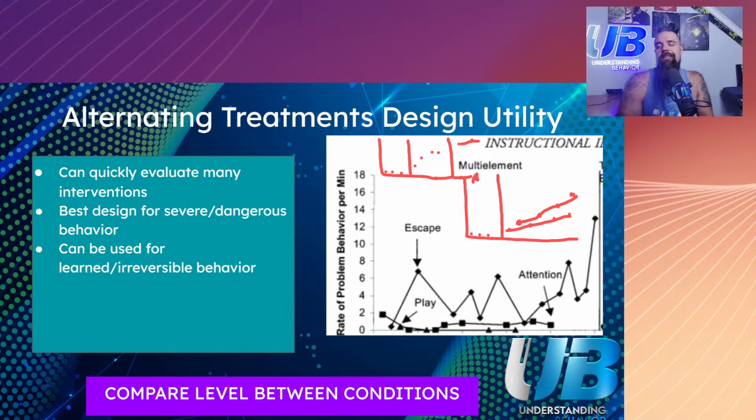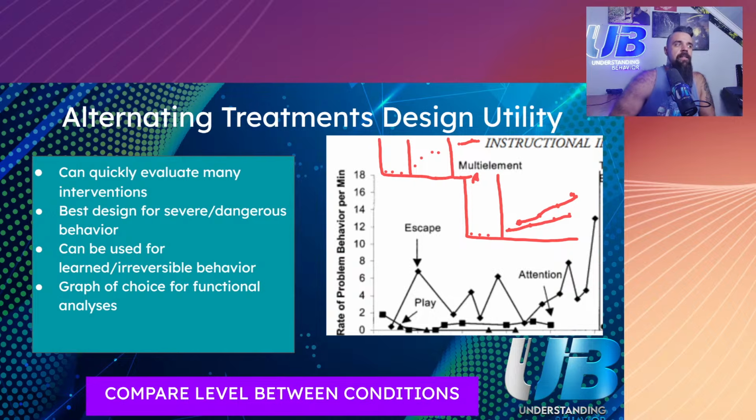We're not going to hit on that today. All right. Alternating treatments design. This is also the graph of choice for functional analyses. So we saw that this graph is a functional analysis. Pretty much every time you see a functional analysis chart, it's going to be an alternating treatments design, but not all alternating treatments designs are going to be functional analyses.